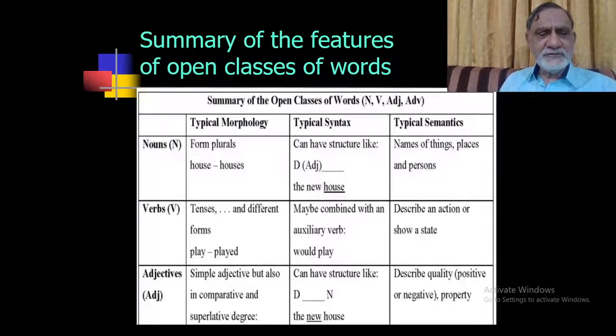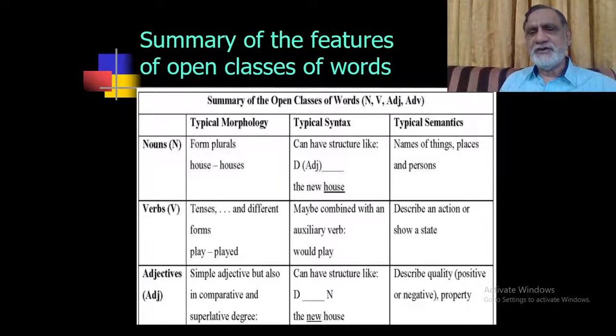Similarly, verbs have tenses and different forms, and normally the morphology is that in regular verbs you add ed, and it becomes the second form and then the third form. Then there are irregular verbs, each of which has a different formation. From a syntax point of view, a verb may be combined with an auxiliary verb.